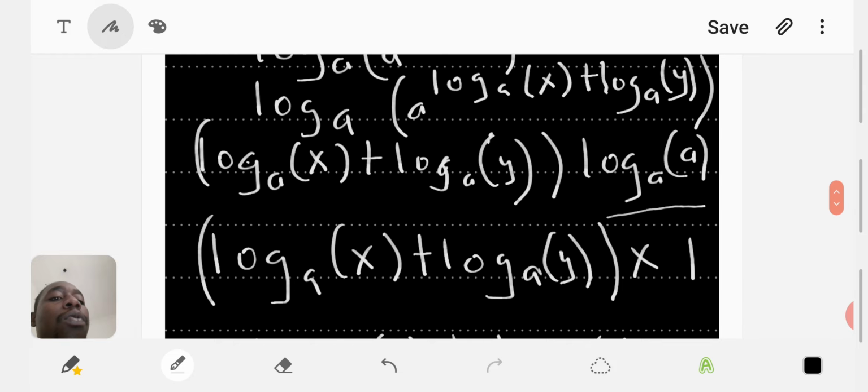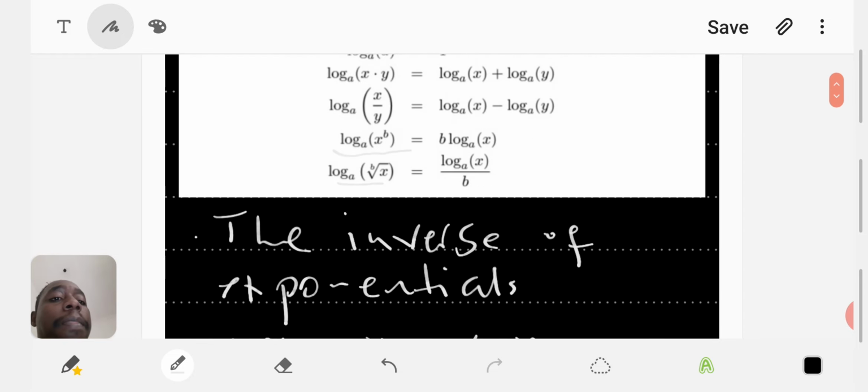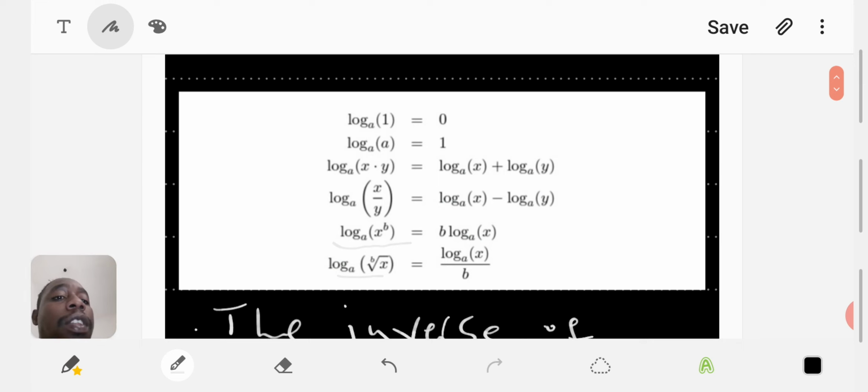So that's how you prove the third law, which is this one. That's how you prove it.